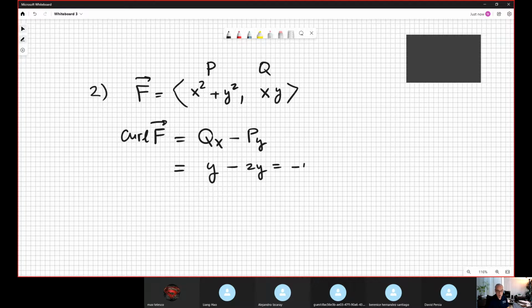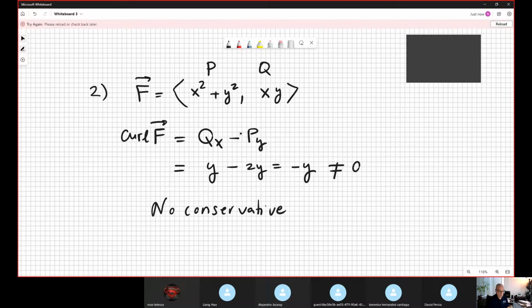The answer is minus y, and minus y is not 0. So if it's not 0, the statement is clear. Not conservative, no potential. Therefore, potential functions do not exist.